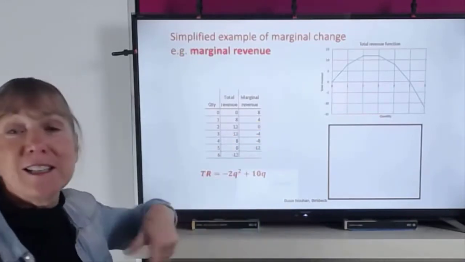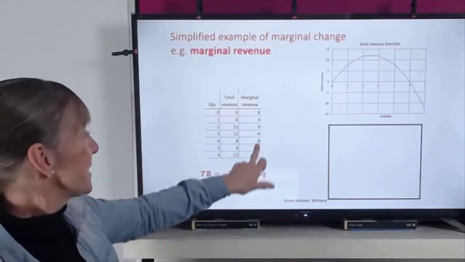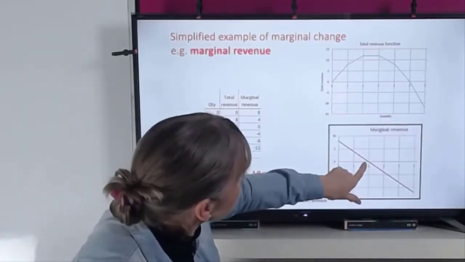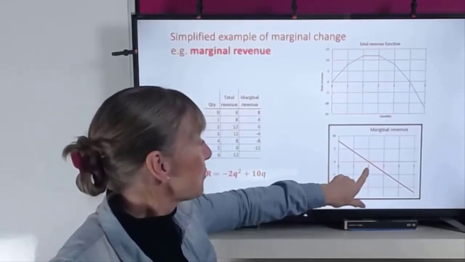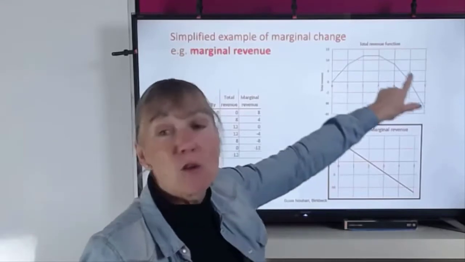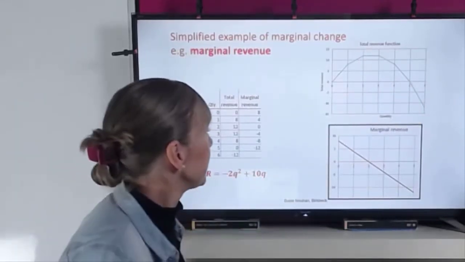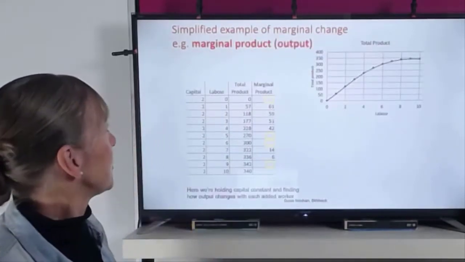And then we start getting negative changes, i.e. we don't want to keep producing at that level. And here it is. What do we see here? Well, we see that at quantity 2, marginal revenue is 0. And we can see it on the total revenue graph by the fact that it's peaking at that point. So we can start seeing some really interesting stuff from marginal changes.